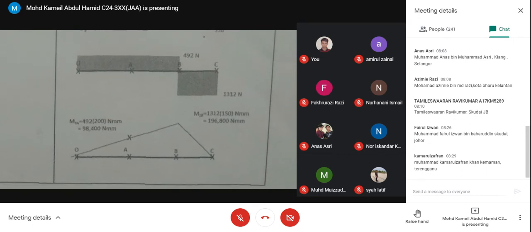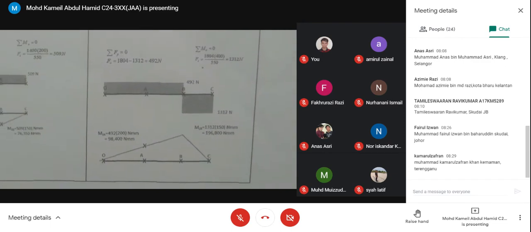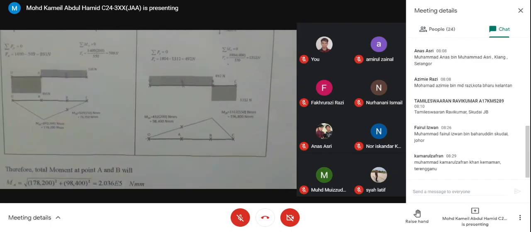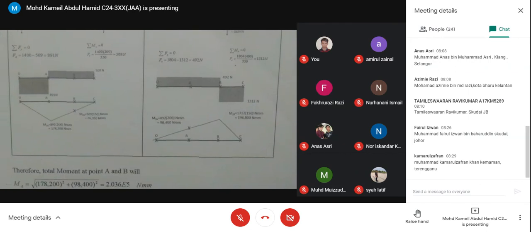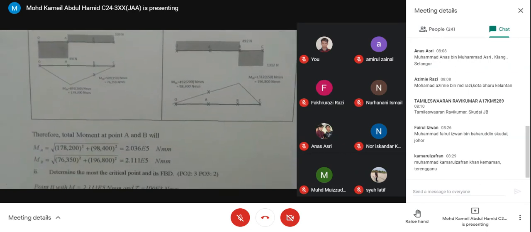So those are the two important values at point A and point B. We would like to get the moment at the two points, and then calculate the total moment.